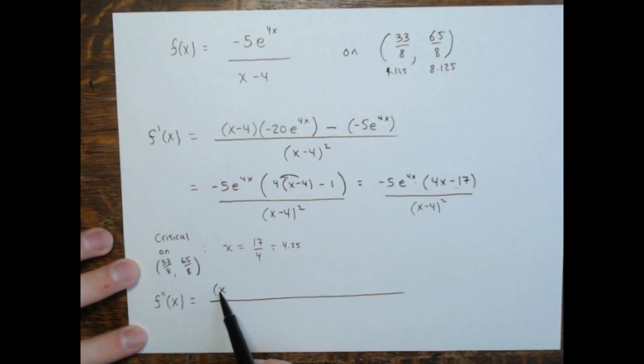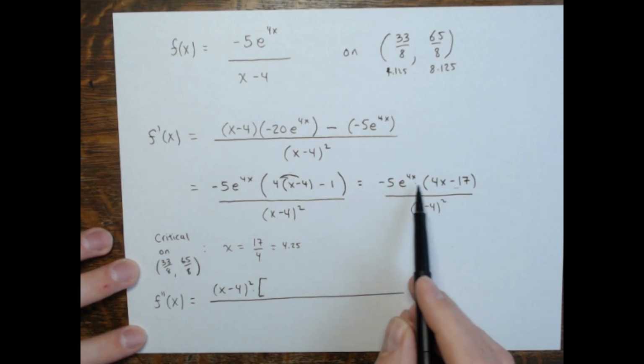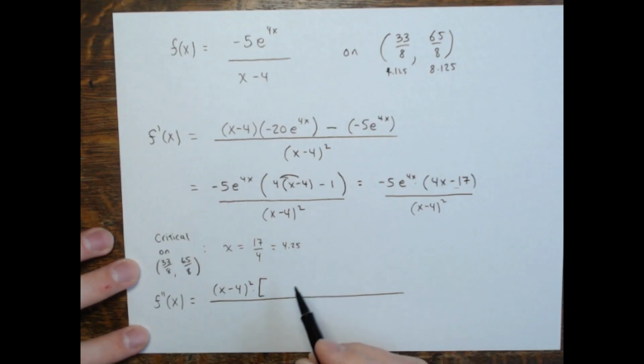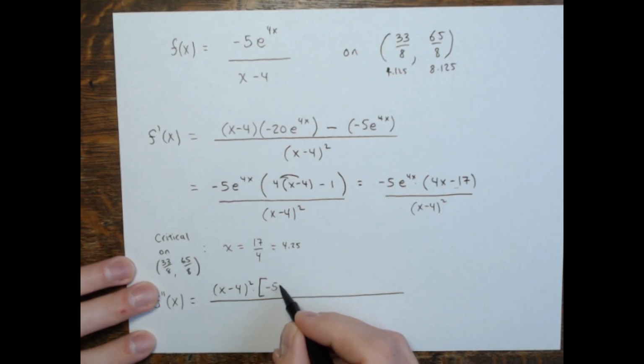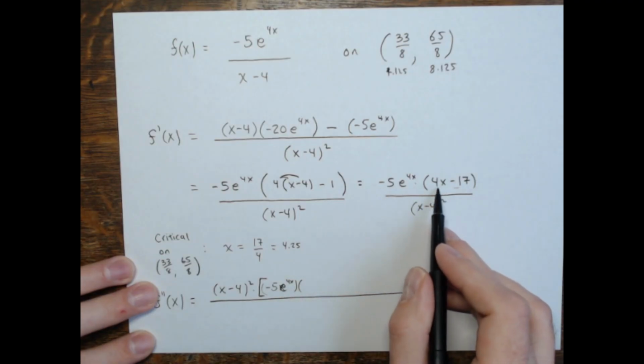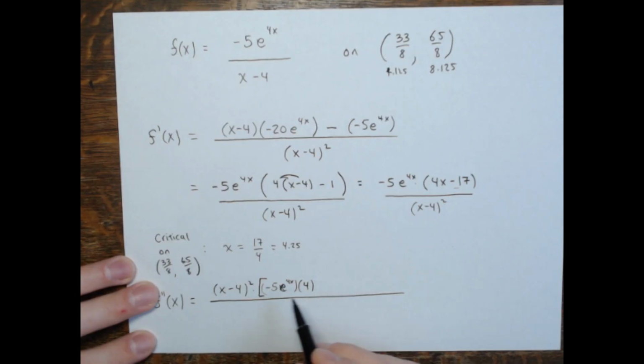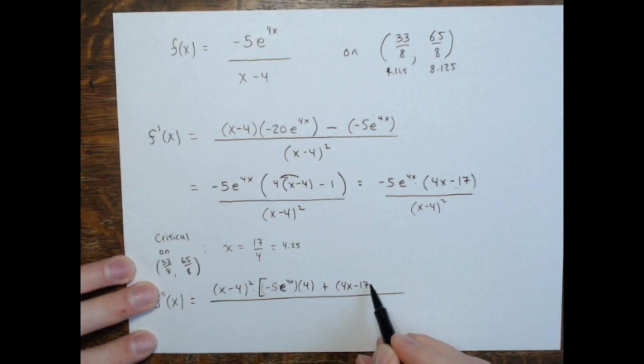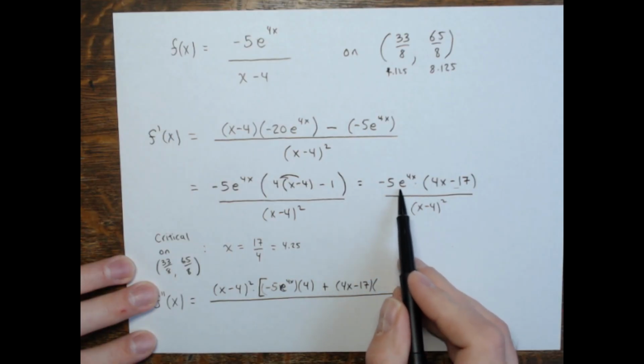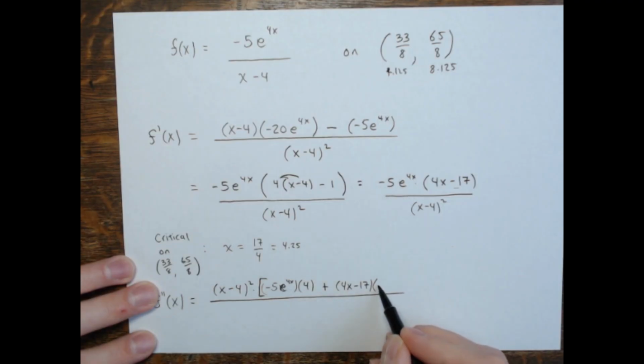So we've got the denominator, x minus 4 squared, times the derivative of the numerator. I'm going to be doing the product rule again. So I leave the first factor alone, this -5 times e to the 4x, and the derivative of the second is 4, and then plus, leave the second factor alone, 4x minus 17, and then the derivative of this first thing again would be negative 20 e to the 4x.